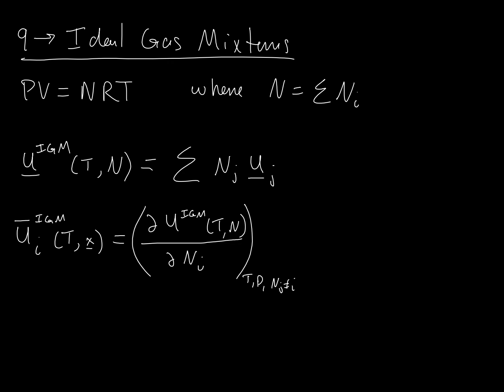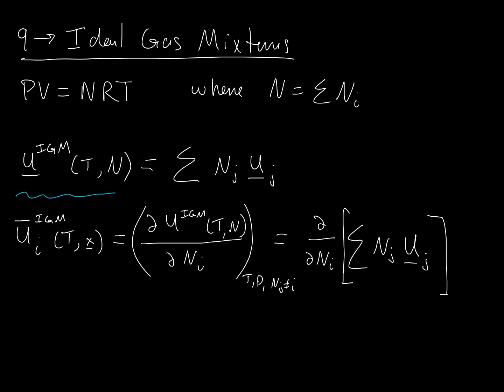And so we are going to substitute in our model that we wrote and derived and see how we should expect it to behave mathematically. So this is equal to d dni of the summation of n j u underbar j. And now it makes sense why I changed the subscripts around.